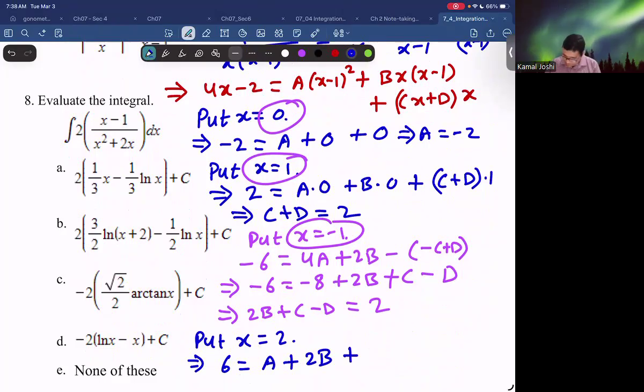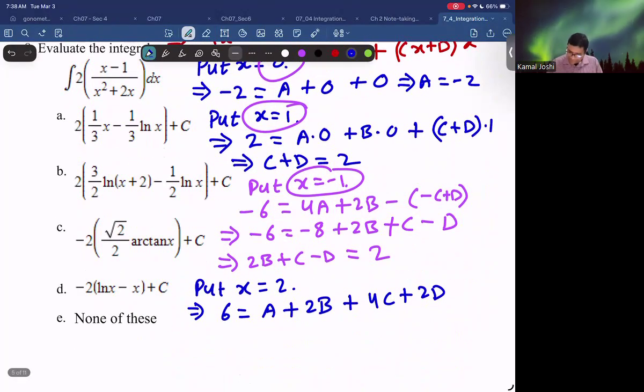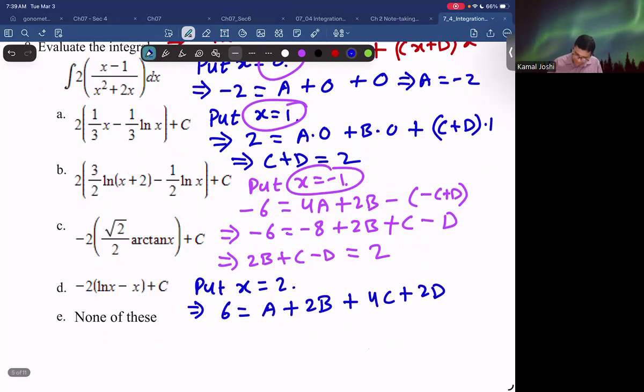And 2 times 2c would be 4c plus 2d. Plug in the value of a is -2. So 6 equals -2 plus 2b plus 4c plus 2d.